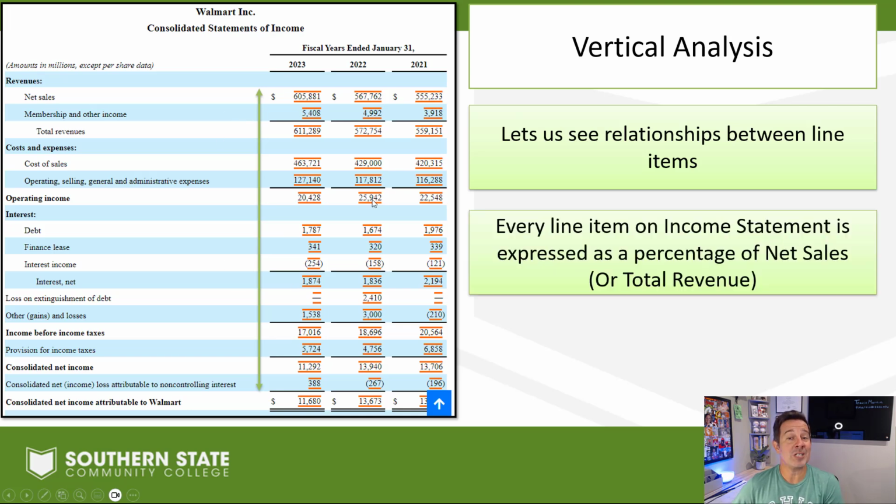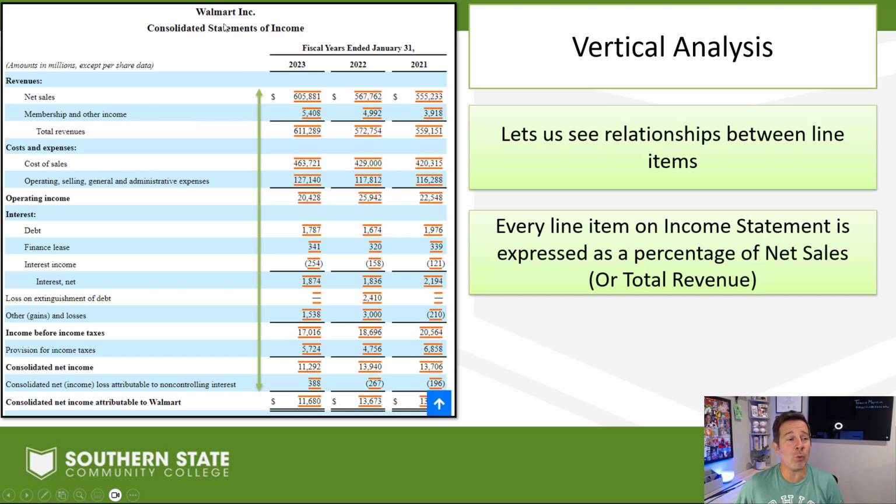We're going to express every item on that income statement as a percent of net sales or total revenue. Usually if you have a financial statement that only has one revenue item like net sales, you take everything and divide it by net sales. But if your business, like Walmart, has multiple categories of revenue, then you probably use total revenue to do your vertical analysis.